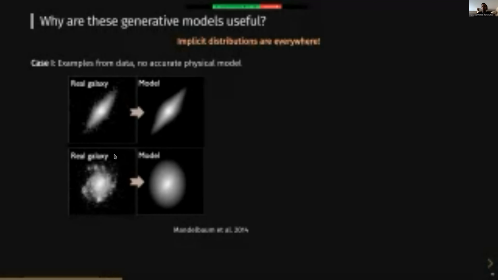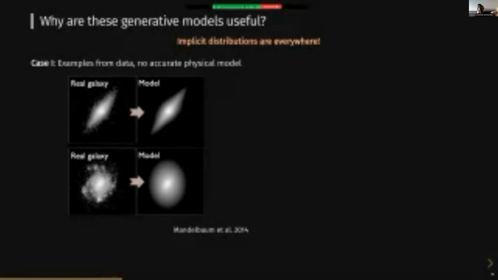And when we analyze the data under those kinds of assumptions, it creates biases that may end up biasing our more important analyses. Instead, we have examples of galaxies that are directly given to us by the data. You can think of the data as being its own implicit distribution. So having access to generative models will give us a way to build data-driven models here.